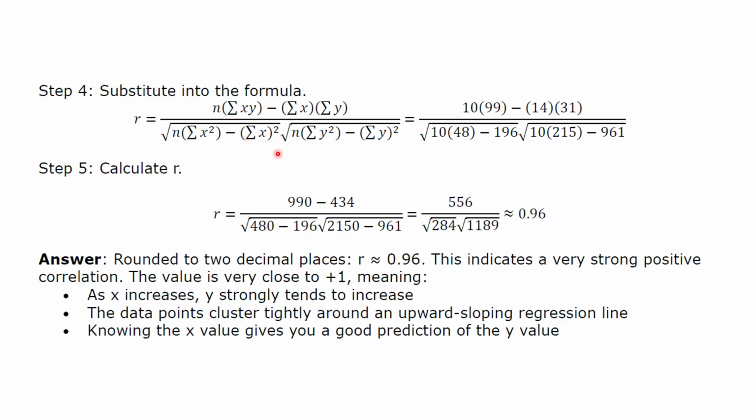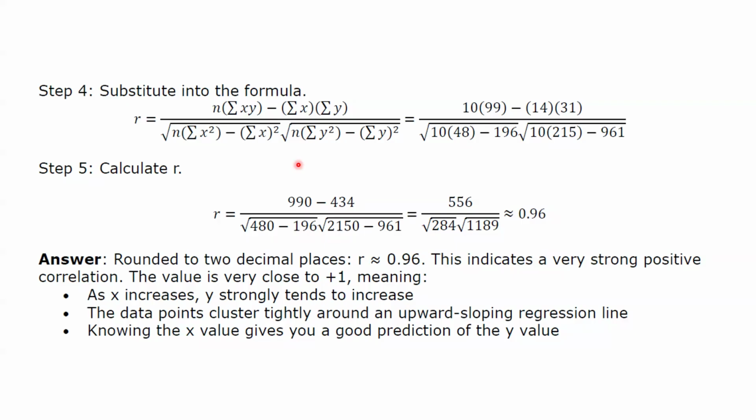That's 5 times 48 minus 196, which is 240 minus 196, which is 44.